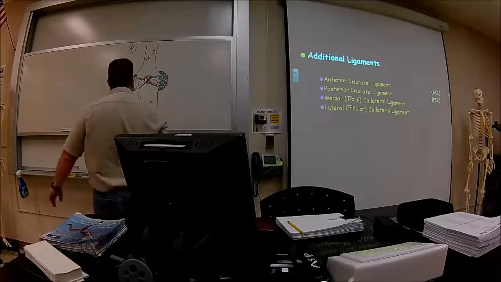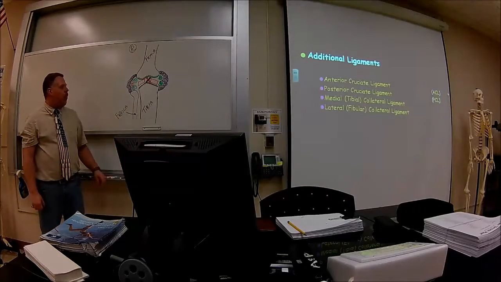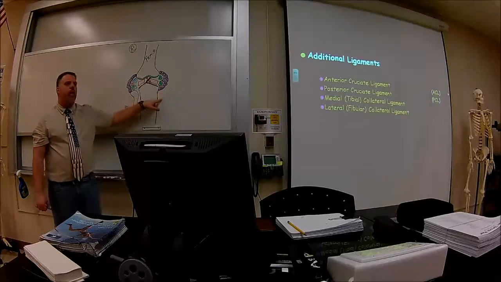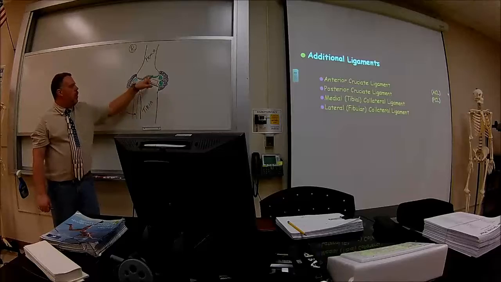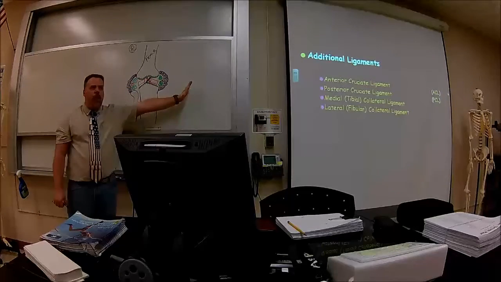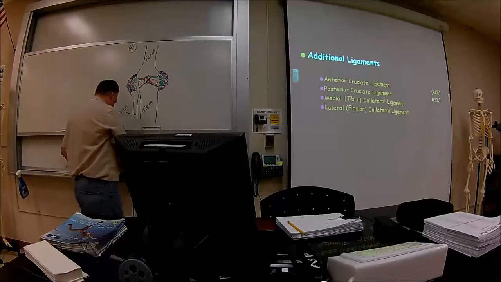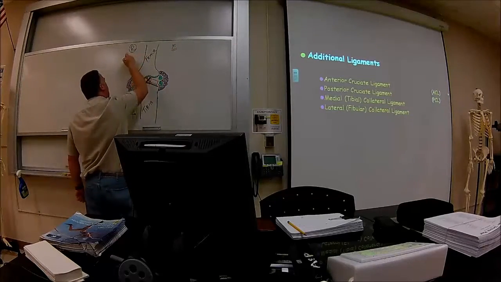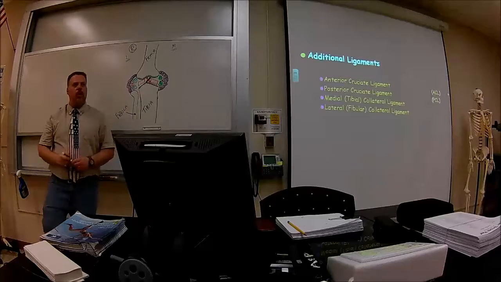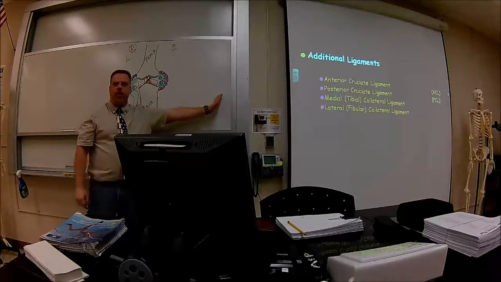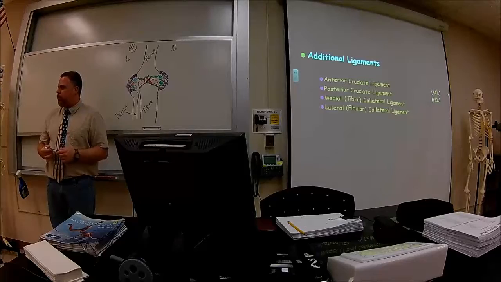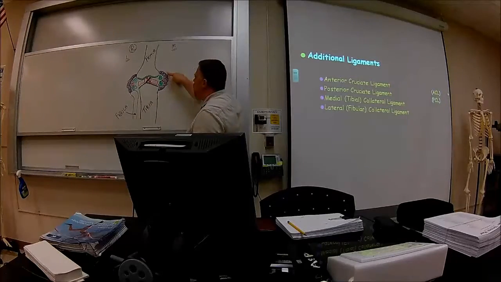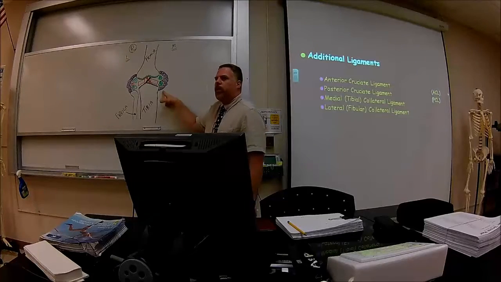You also have two other ligaments that I already drew for you before. This purple one here and this purple one over here. This one is on the medial aspect, right? This is medial, this is lateral. It's your right leg. So the other leg is over here. You're looking at it. This is called the medial collateral ligament.